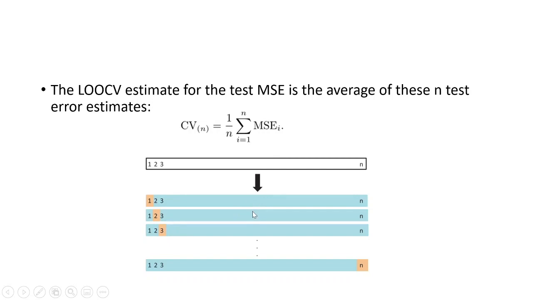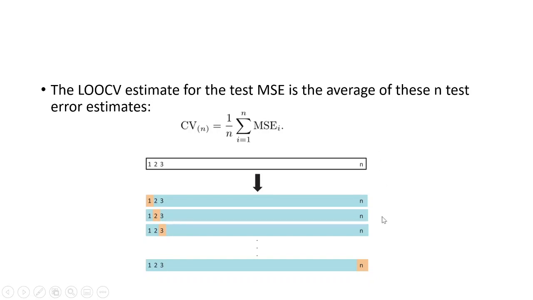Then for the second one, you take the second observation out, and you fit the model on the remaining observations, and you use this fitted model to predict the value of the response for the second observation. And then you compute the MSE. In the third step, you put the second observation back into the sample and you remove the third observation. And you repeat this n times.